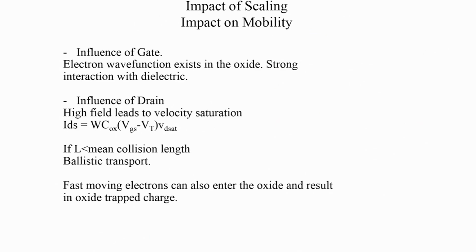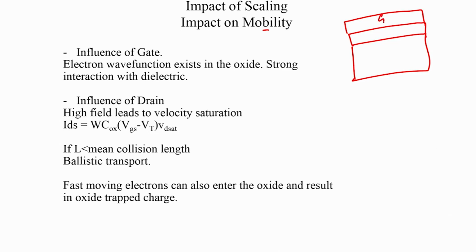So with that we cover these topics on the impact of scaling on different parasitics, and we will now look at our studies on the impact of scaling on mobility and then head towards the other topics on MOSFETs. Now with regards to mobility, there are two influences. You have two fields in a MOSFET that control the carrier movement.